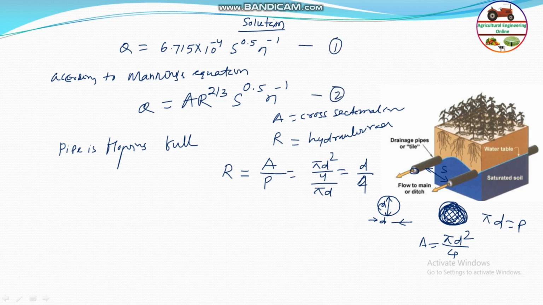So putting the value, A R^(2/3) S^0.5 n^-1 is equal to 6.715 × 10^-4 S^0.5 n^-1.